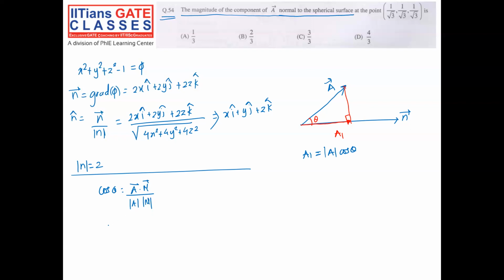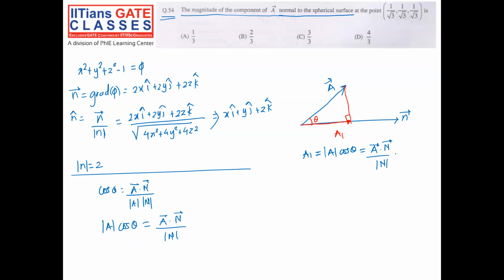Now I can write mod of a cos of theta is equal to a bar dot n bar divided by mod of n. So this is again the scalar component in the direction of n bar.